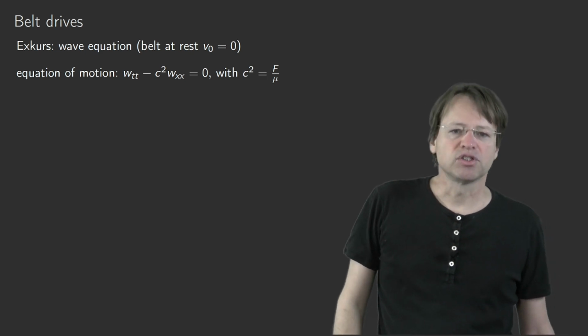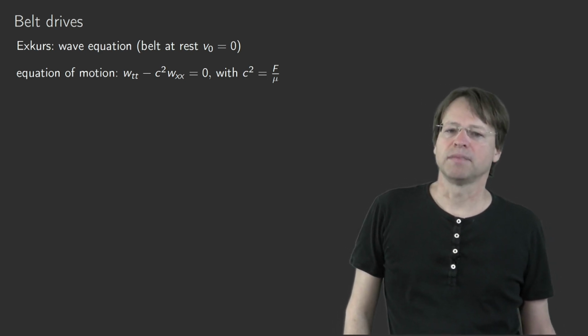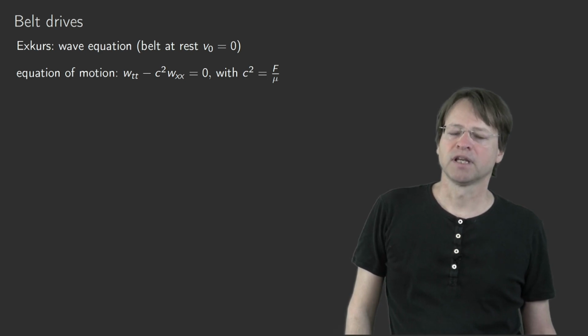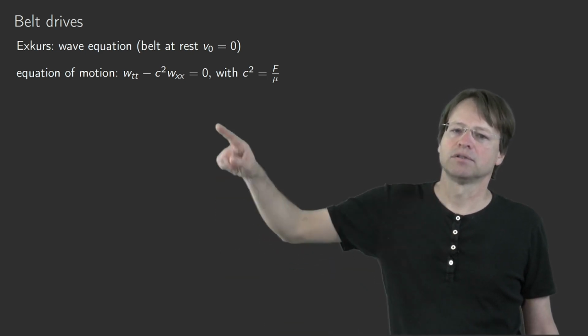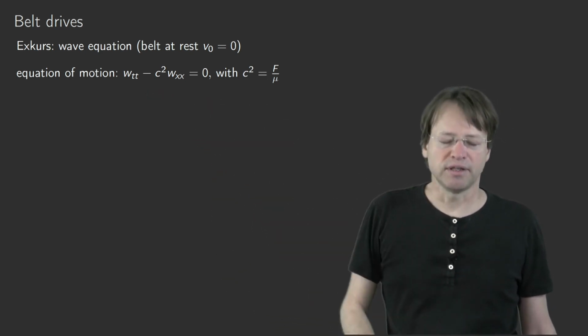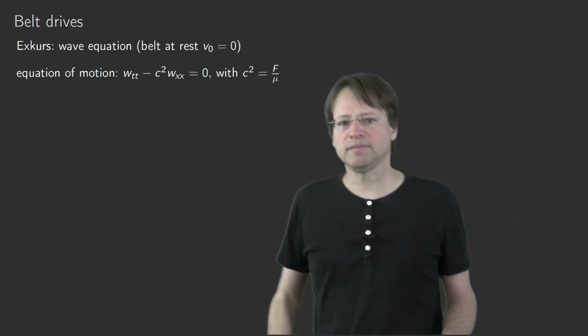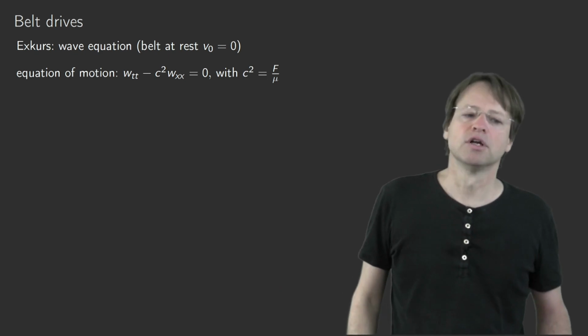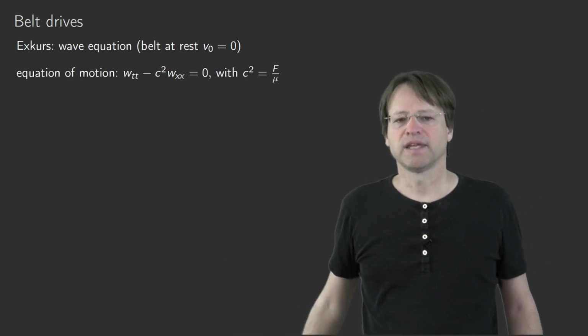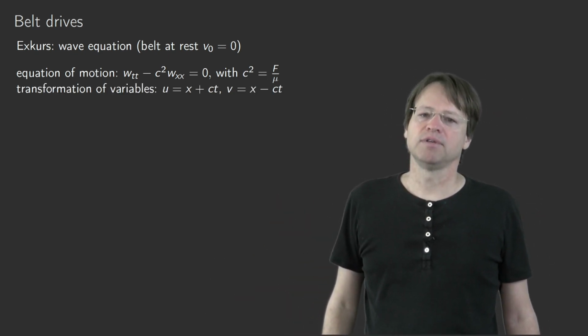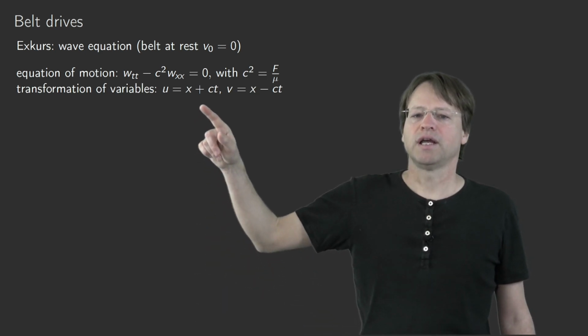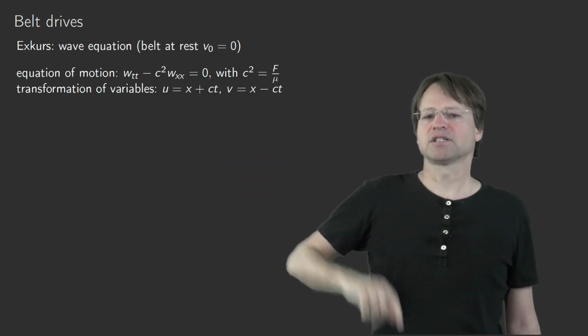The wave equation is usually solved by a transformation of variables. So instead of having space and time separated and then leading to separated functions, as in Bernoulli's separation method, one can also do the opposite: add them together, namely formulate x plus ct and x minus ct.